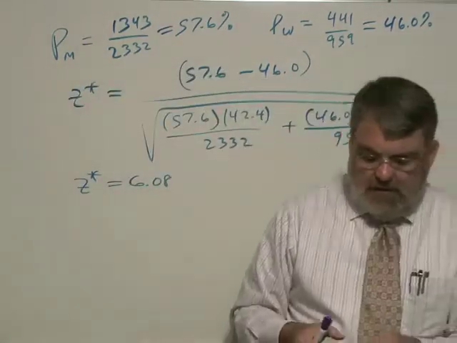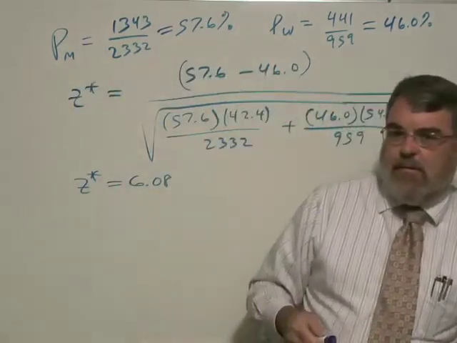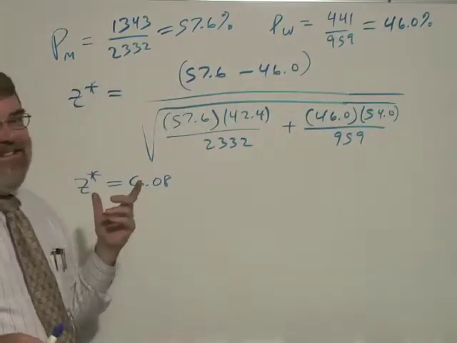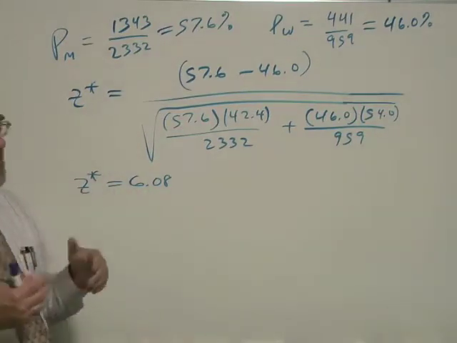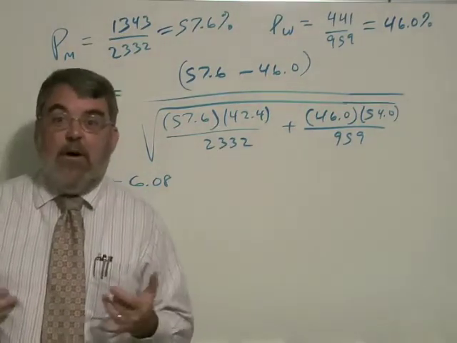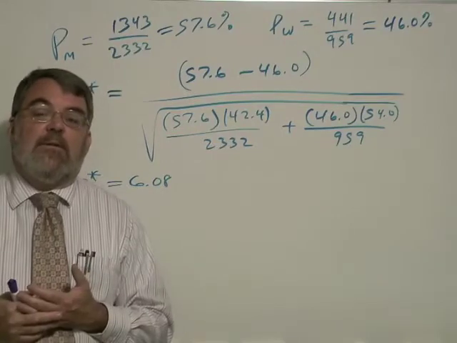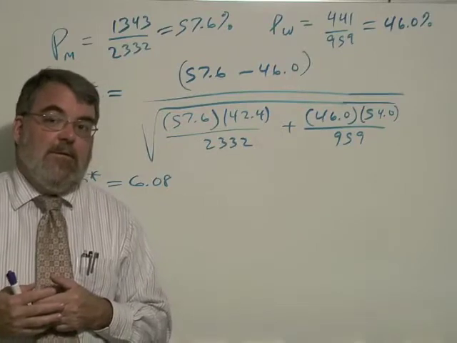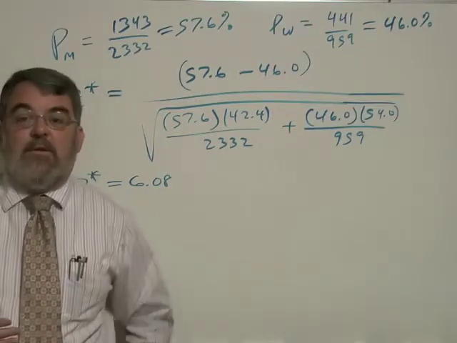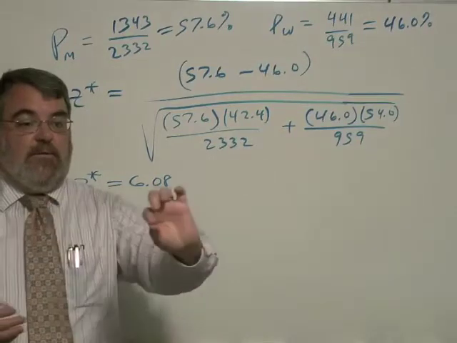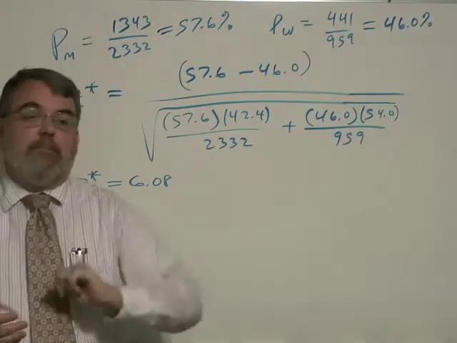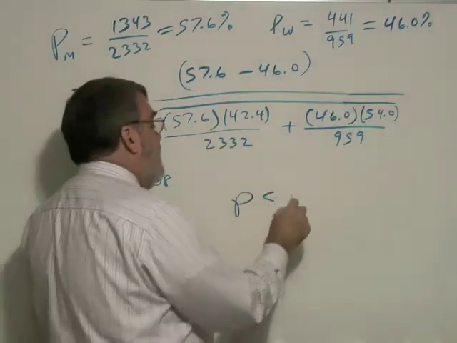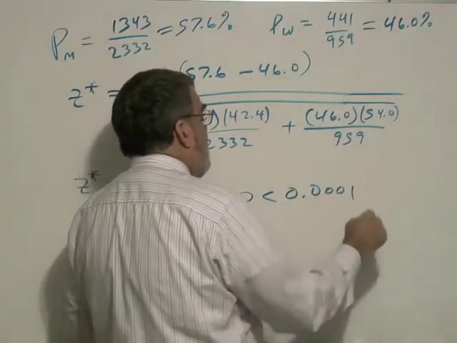So what do you make of that number, 6.08, for a z-score? That's the number of standard deviations associated with this difference. And 6 standard deviations, you should recall, is humongous. It's extremely large. Too large for your textbook. If you look on page 649, it only goes up to a z-score, I think, of 3.89. And above that, the p-value would be less than 0.0001.